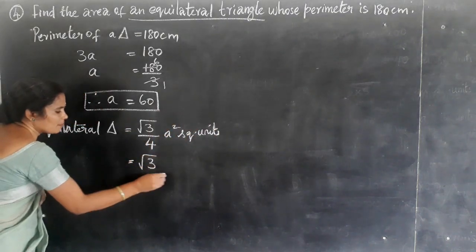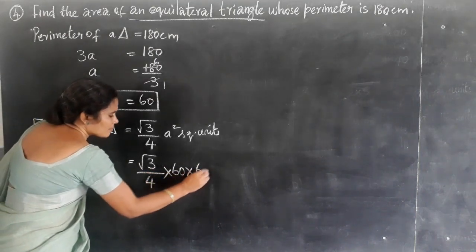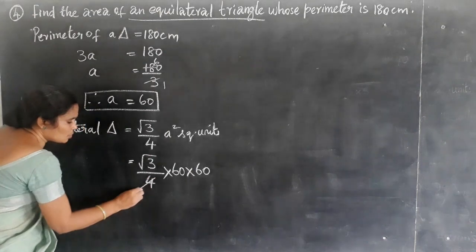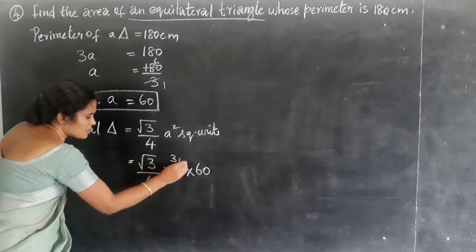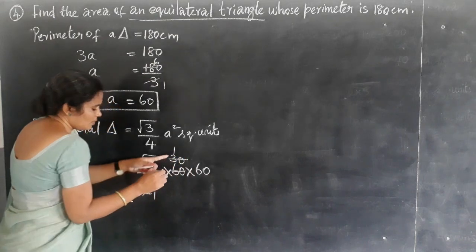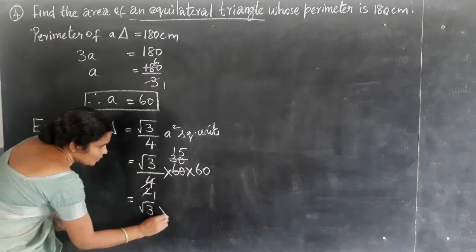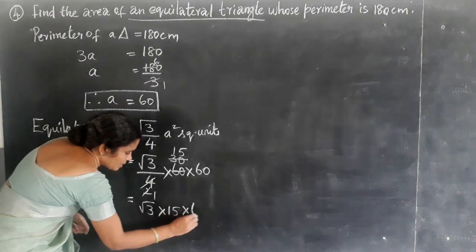Root 3 by 4 a, 60 into 60. 2 2s are 4, 2 3s are 6, 0. So 2 1s are 2, 1 2s are 2, 5s are. So root 3 into 15 into 60.